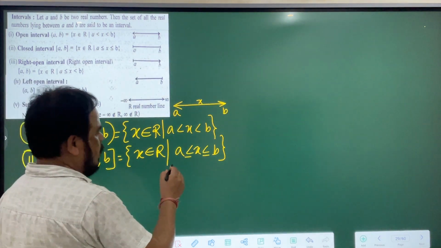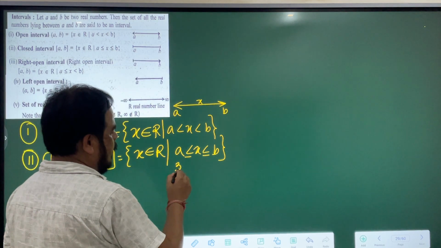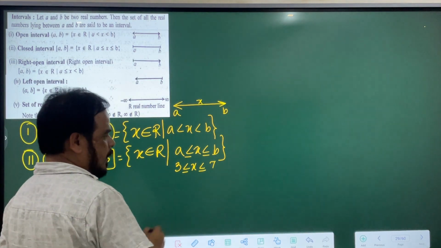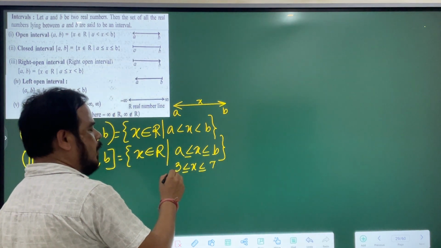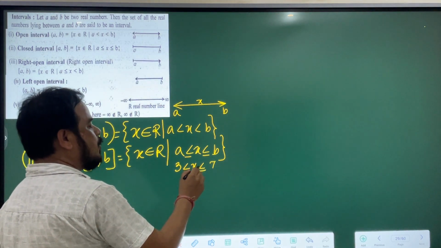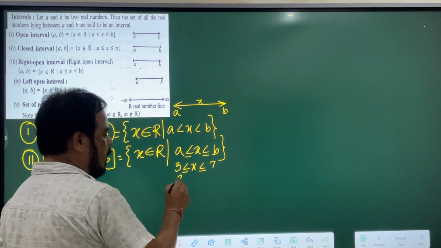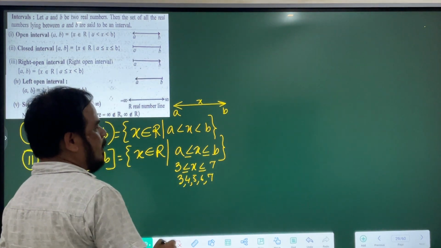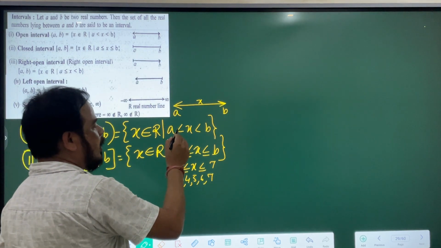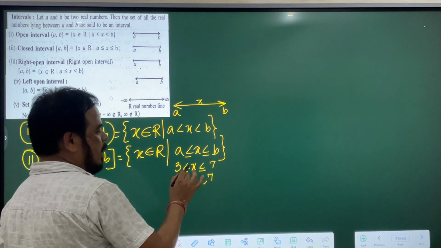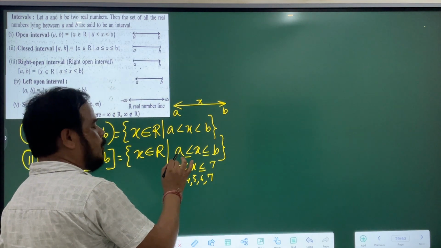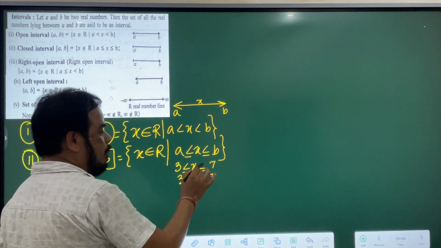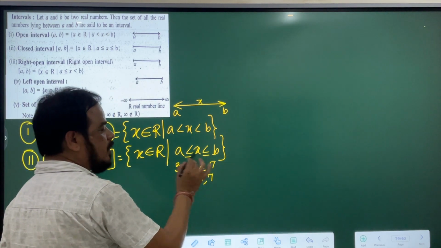Suppose 3 and 7: x is greater than or equal to 3 and less than or equal to 7. So we will write 3 here, 4, 5, 6, 7. Here x is greater than a, so we will not write a. But here x is greater than or equal to a, equal sign is there. That means we have to use 3, and we have to use 7, because the equal sign is there. x is equal to 7.